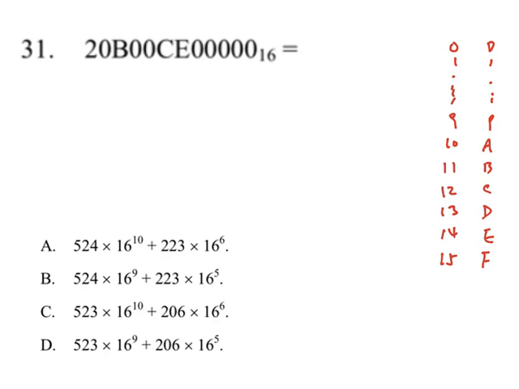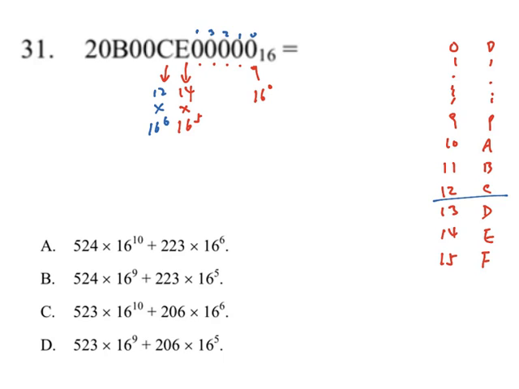So let's see. For this one, 16 power 0, power 1, power 2, power 3, power 4, power 5. E is 14, so 14 times 16 power 5. C is 12, 16 power 6.